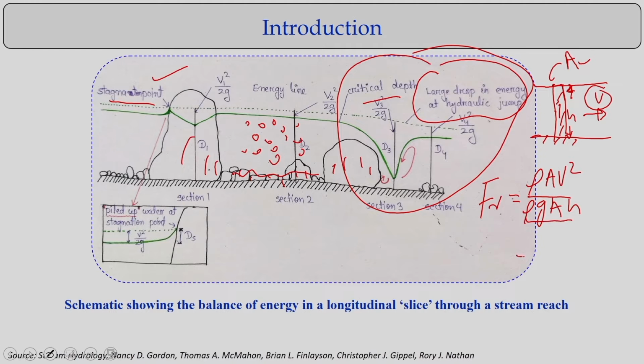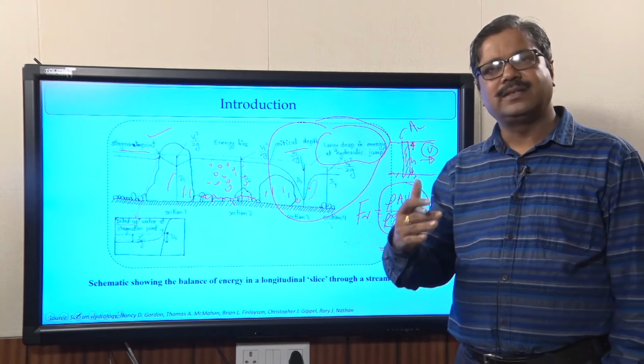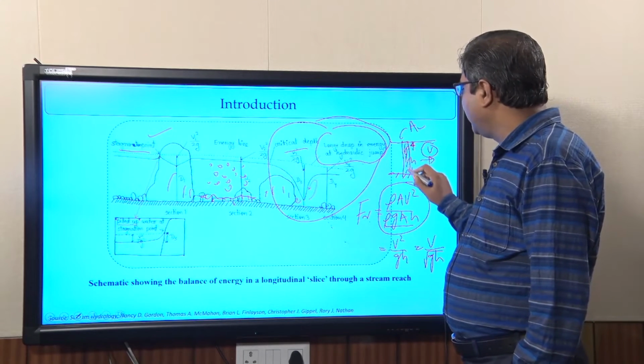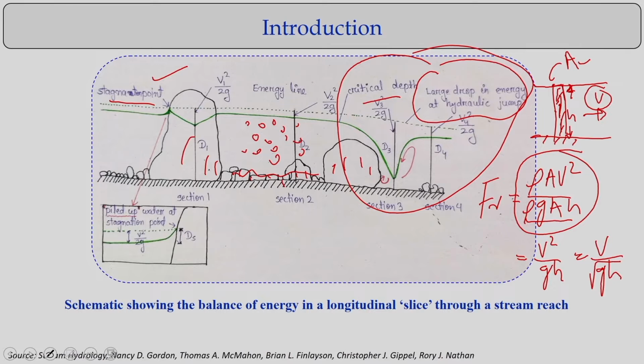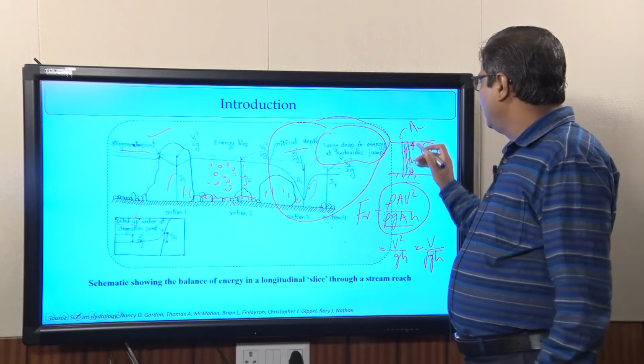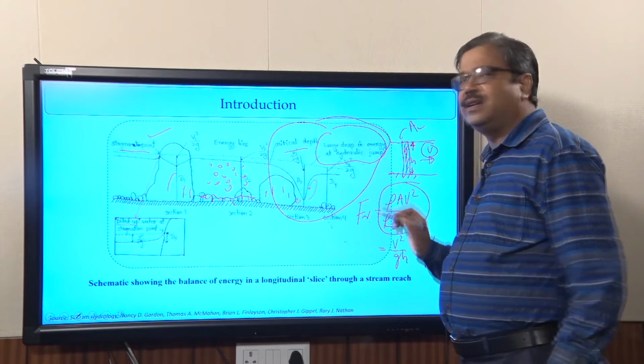If you have these components, look at v squared by g h, or I can say v by root g h. Please remember it is a ratio between two force components, the inertia force and the gravity force. We consider the fluid mass moving with uniform velocity v with a flow depth h, and try to find the relationship.